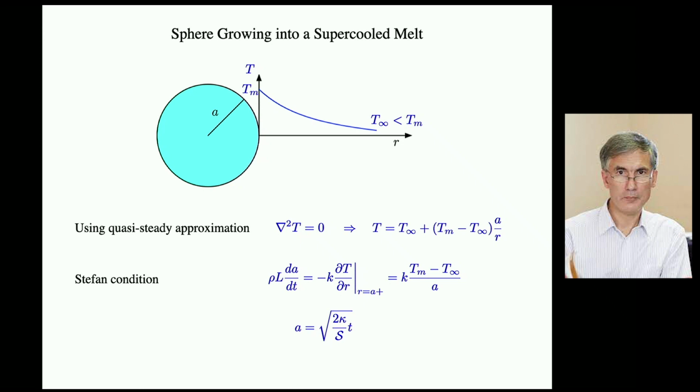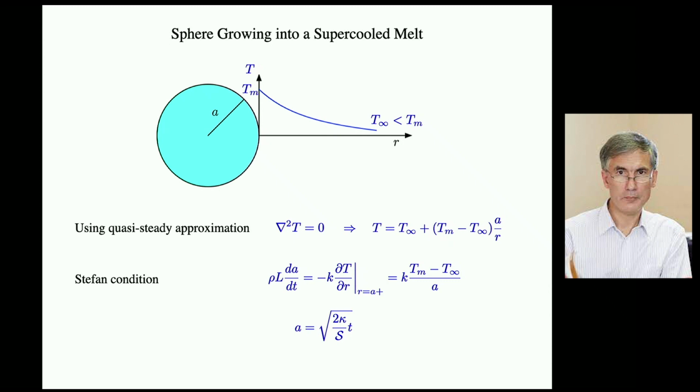And we're going to go straight to using the quasi-steady approximation, assuming that the Stefan number is sufficiently large. So instead of solving a diffusion equation, we're simply going to solve Laplace's equation. And in spherical geometry, the fundamental solution of Laplace's equation is 1 over r. Typical potential for Laplace equation, just a 1 over r potential. And that's what the temperature field looks like.